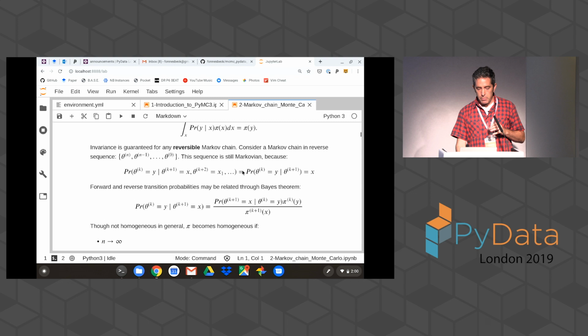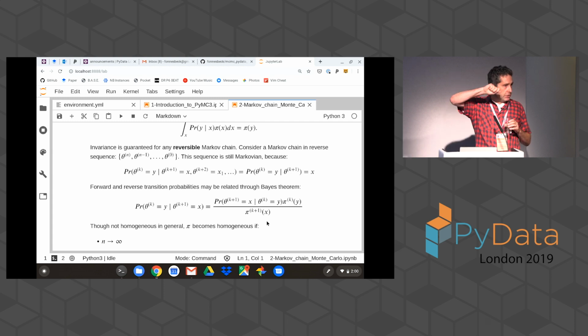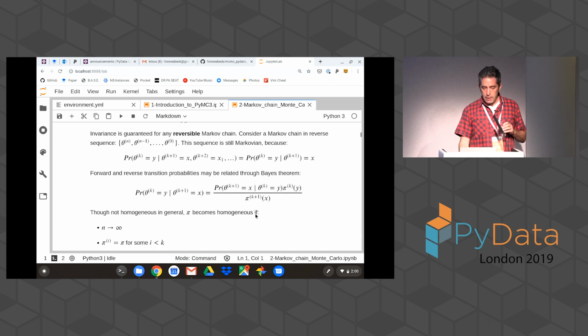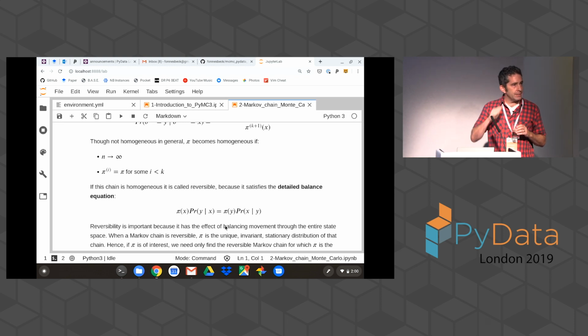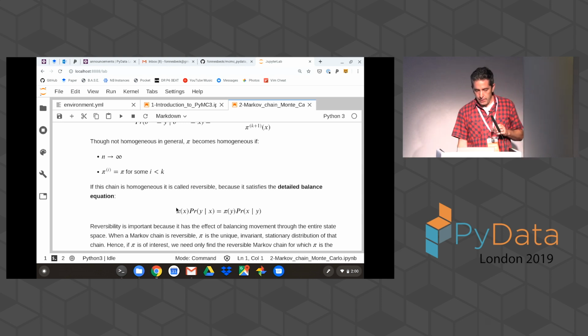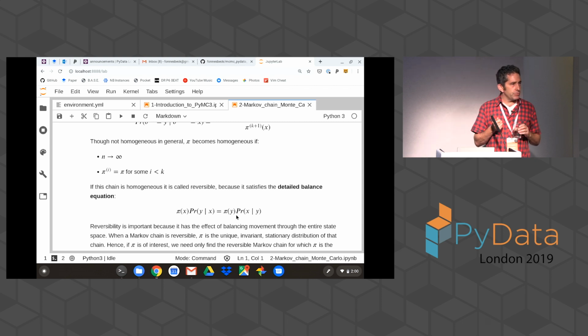You can show that, because of this Markovian property, you actually invoke Bayes' theorem to show that the probability of going backward, x of t given x of t plus 1, you can solve that through Bayes' formula as well. And you can rearrange it to look like this. So probability y given x or x given y is the transition kernel, so it shows how things move from x to y. And then pi at x and pi at y, pi is the underlying distribution, the posterior distribution that you're interested in.